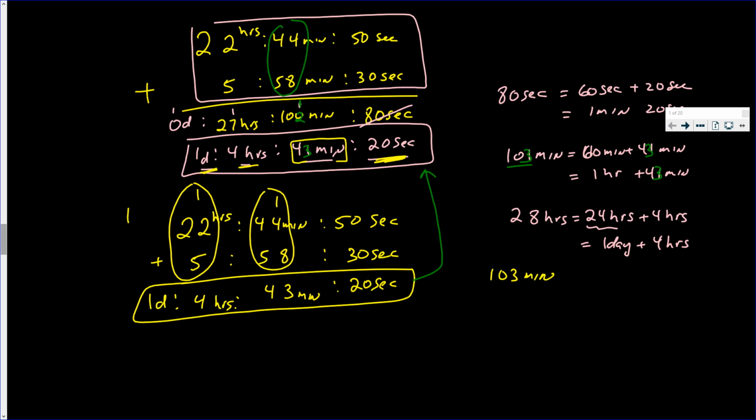Maybe the way I just did it is better because I didn't make an error. But that would be the conventional way where we carry over. Or you could just add up the units, 80 seconds, 102 minutes, 27 hours. That gave us this, and then carry over. Either way, we get the same answer.